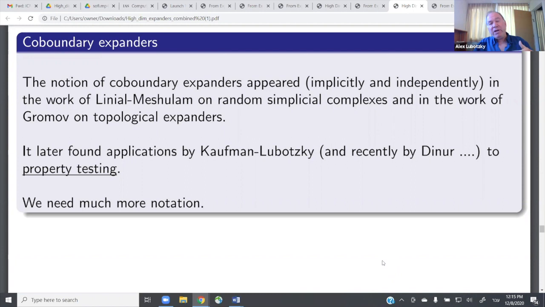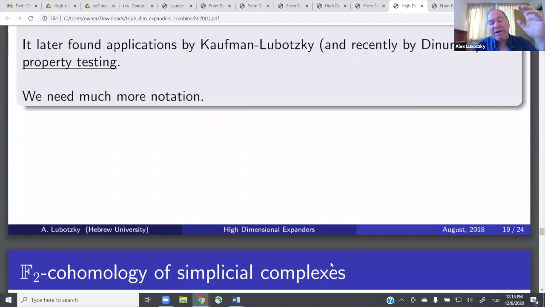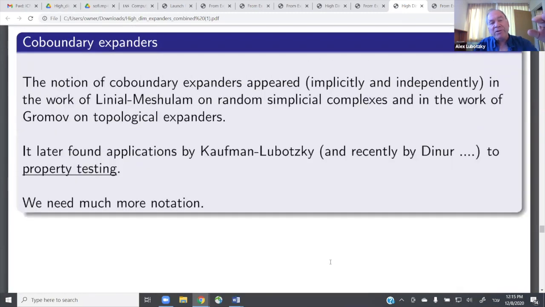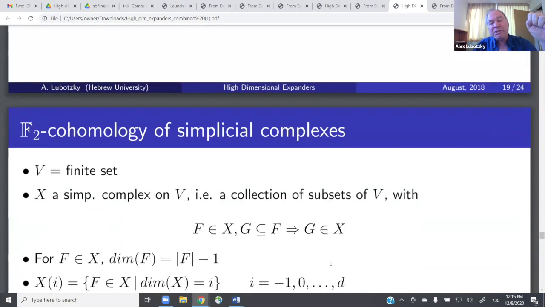And their model, just like Erdős and Rényi, is not bounded degree, not even upper bounded degree. Then in the work that I did with Roy and then with Luria and Rosenthal, we changed their model to be upper bounded degree, and then we could prove this. We proved topological expansion using the cohomology, using the notion of coboundary expansion, as Gromov did.